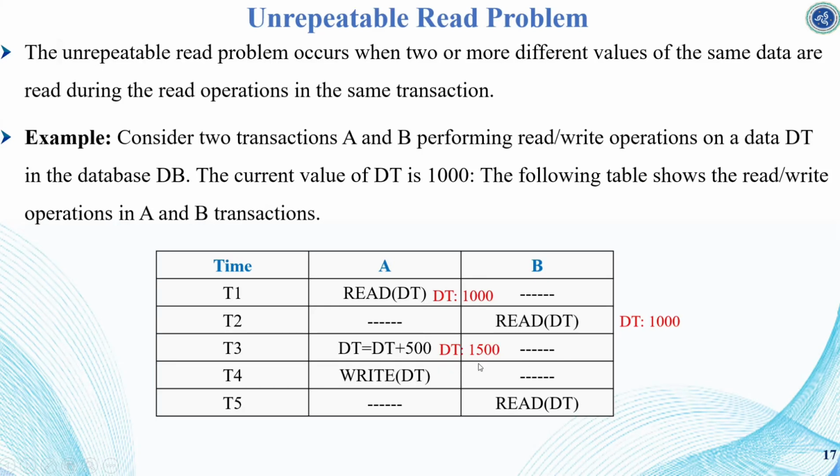Again, after writing this 1500, transaction B again reads DT. ആദ്യം B എന്ന് പറയുന്ന ട്രാൻസാക്ഷൻ റീഡ് ചെയ്തപ്പം 1000 rupees ആണ്. രണ്ടാമത് കുറച്ച് സെക്കൻഡ്സ് കഴിഞ്ഞിട്ട് അതൊന്നുകൂടെ റീഡ് ചെയ്തപ്പോൾ എന്ത് പറ്റി?